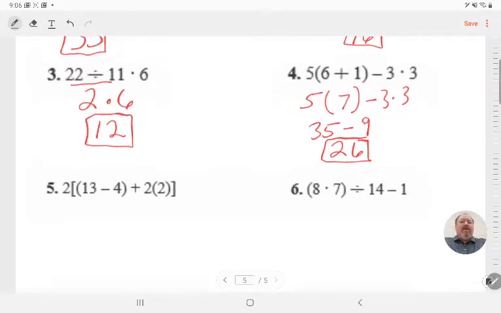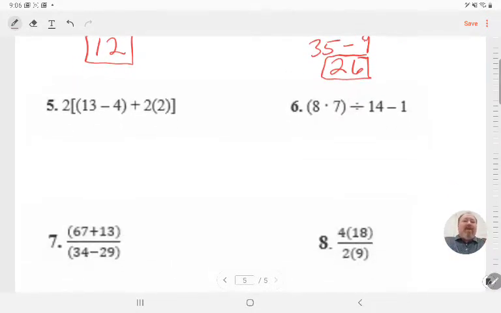All right. Number 5. We have brackets and parentheses. So we look at the brackets, and then we go inside the brackets, and we find our parentheses. So we would have 2 times 13 minus 4, which would be 9, plus 2 times 2.